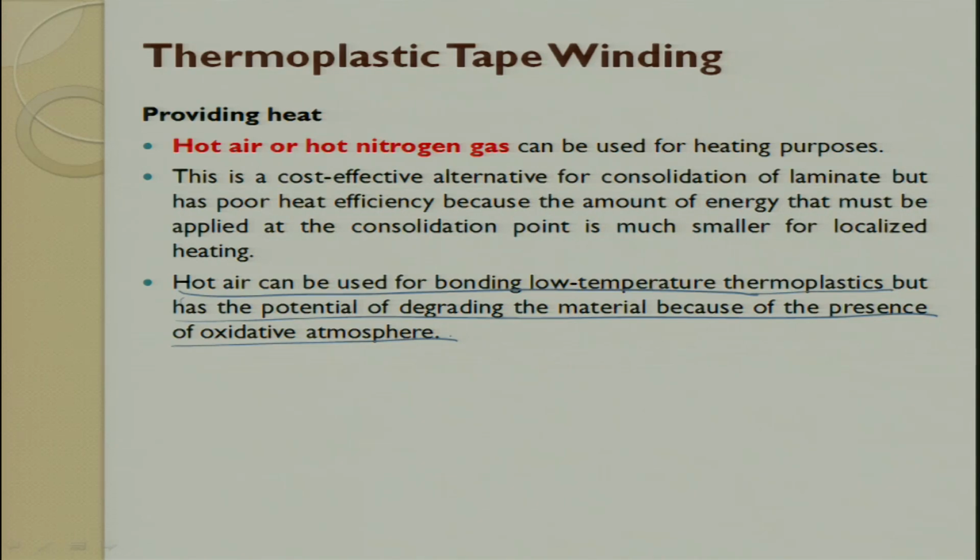So, keep this in mind. Hot air and hot nitrogen gas can be used, but the only problem is that they will try to degrade your thermoplastic. As far as thermoplastic joining techniques are concerned, they always talk about the hot air gun.